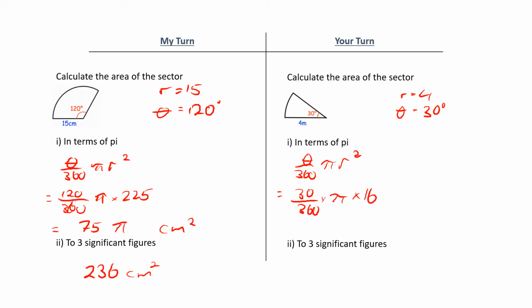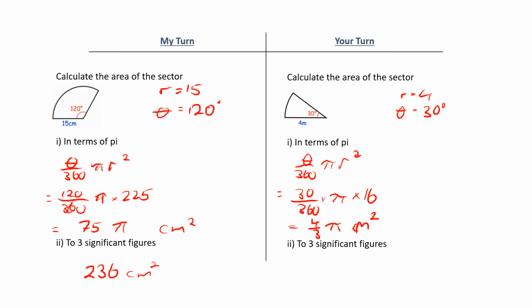There we go. 30 over 360 times 16, so it's 4 over 3 pi. Centimeters squared. Oops. Meters squared.